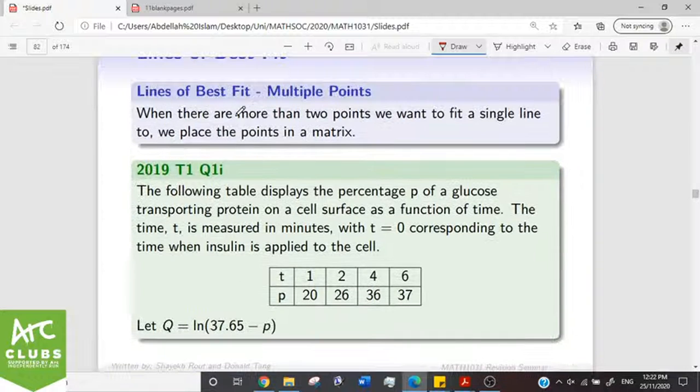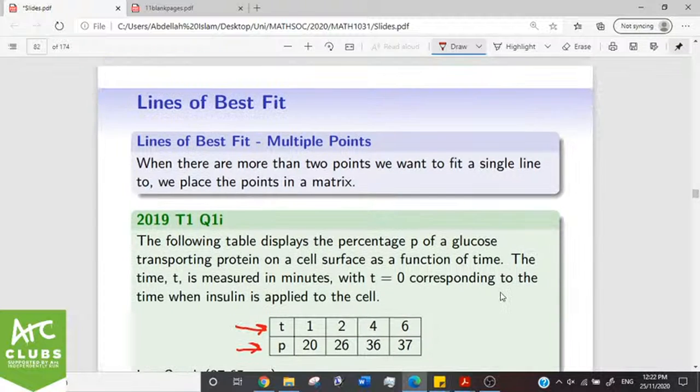So let's see how this line of best fit works. Given some sort of table of values, we want to find the line of best fit. So if we have some P and some Q, how do we find a line of best fit?